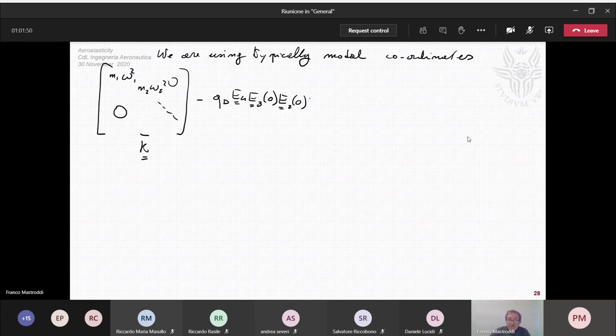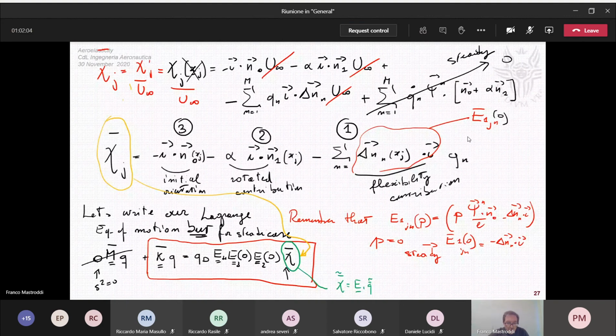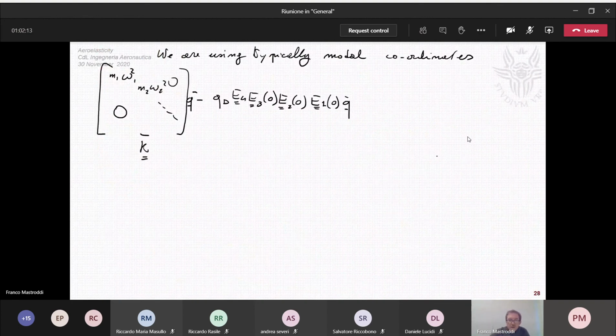And so we have E1 at zero frequency applied to the state space vector Q bar. Okay, so we have K bar on Q bar, and all these applied to the part 1 giving you this, and the product of these four matrices is globally the generalized aerodynamic force matrix at zero frequency.